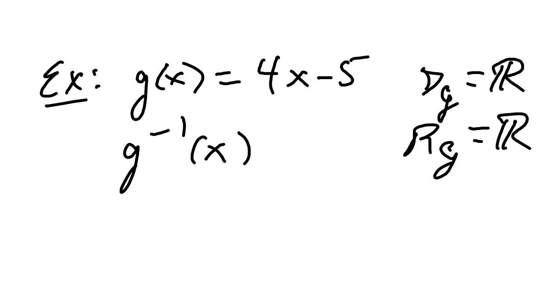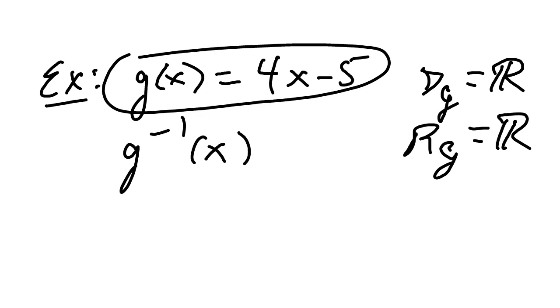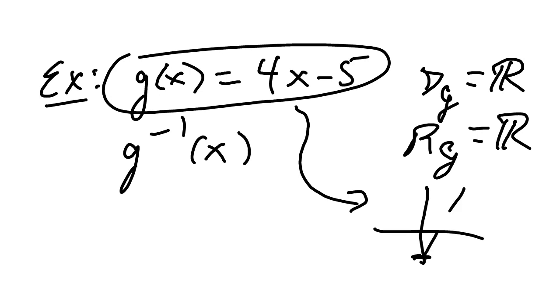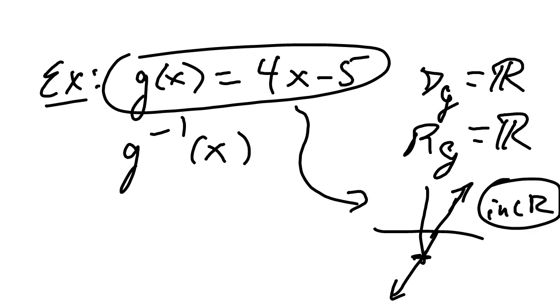Anyway, is the inverse going to exist? Can somebody tell me that? Yes. No. Well, if you graph it, what does it look like? It has a slope of 4 and y-intercept minus 5, and it is increasing on all real numbers, right? Which means it's monotonic, which guarantees the inverse is going to exist.